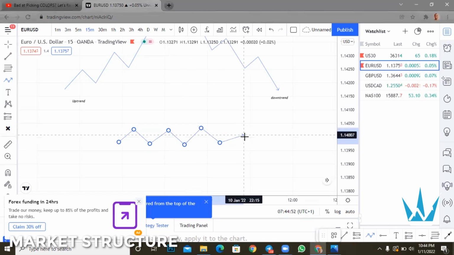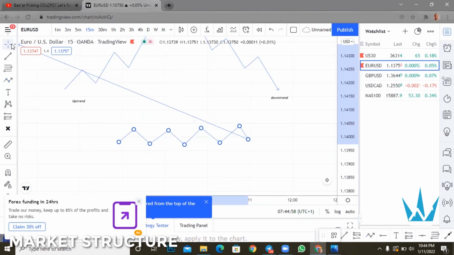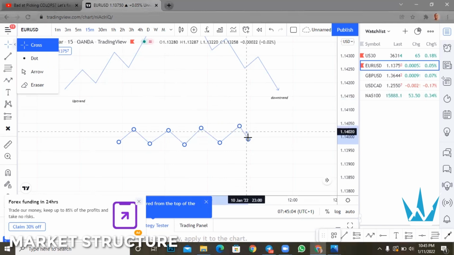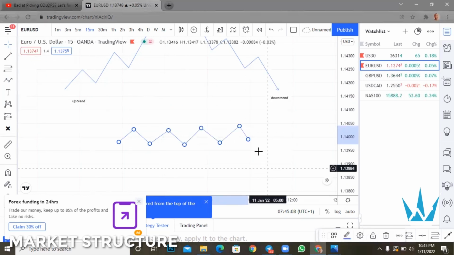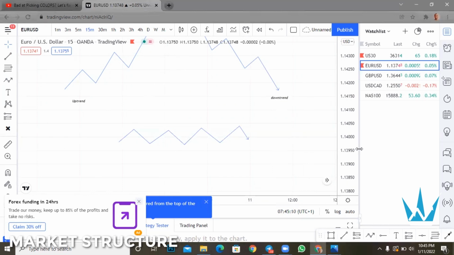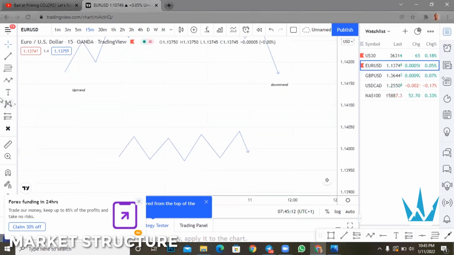Now I'm going to explain each and every one of them, and after explaining, I'll give instances on the real markets of how they look.